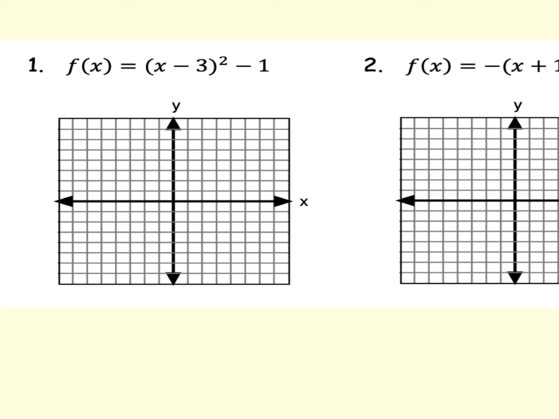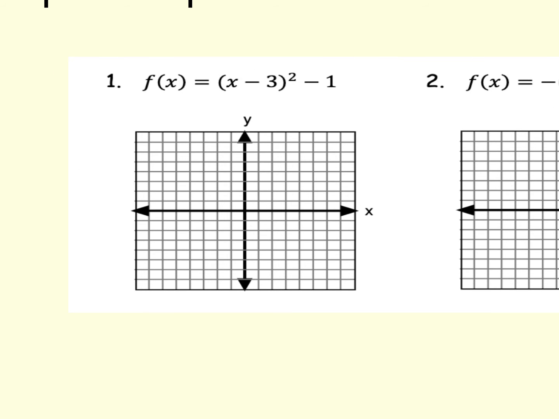Let's see if you've forgotten how to graph. I hope you remembered that an XY chart is your best friend in graphing. If you didn't put one of those on your paper, you need to learn that. Whenever you graph, you just have to make an XY chart.